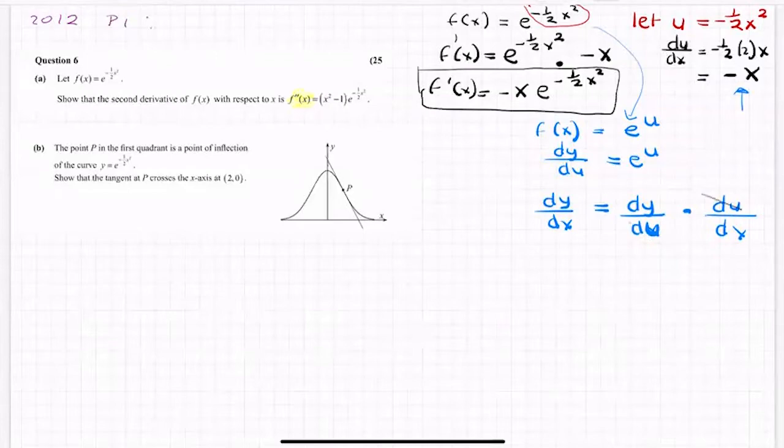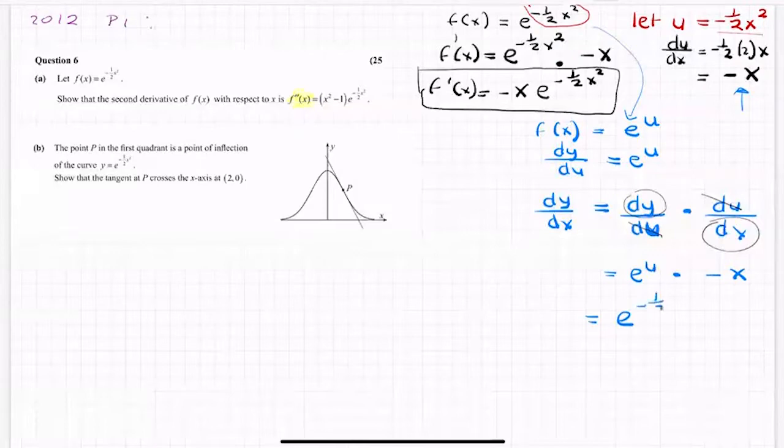Okay, du cancels, so you can see how I end up with dy over dx, and I get e to the power of u from here, and I multiply that by the minus x that's up here. Okay, you sub back in for u, because remember we let u equal to minus a half x squared, by minus x, so minus x e to the minus a half x squared.